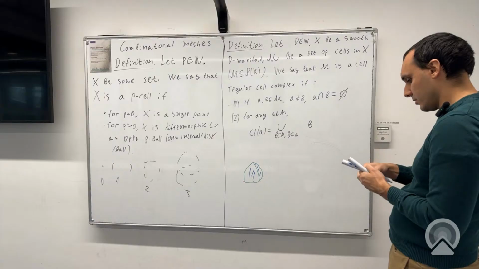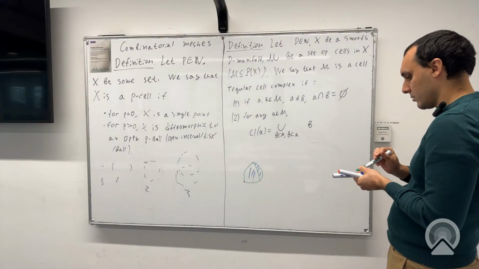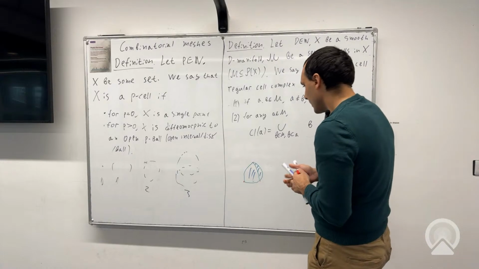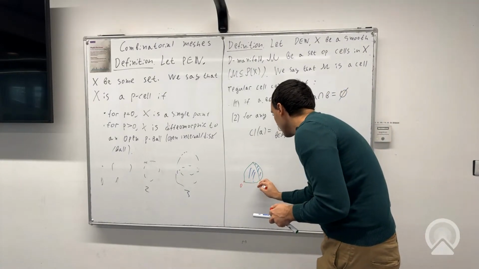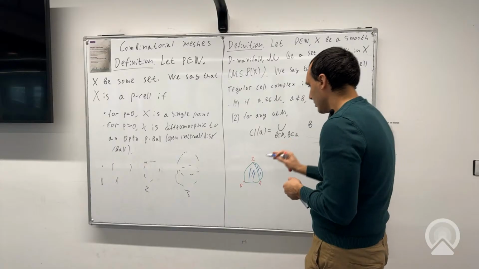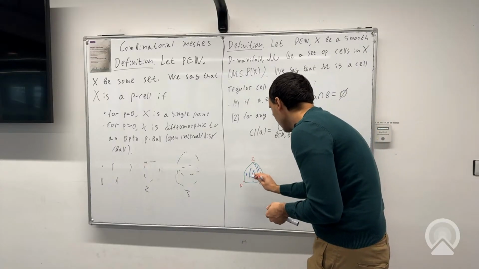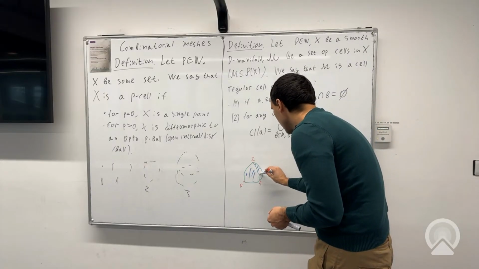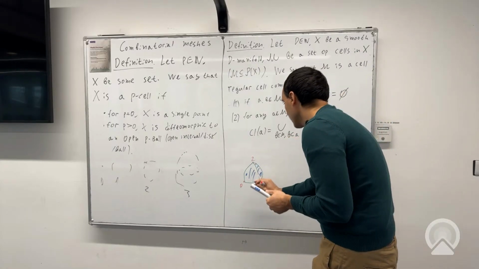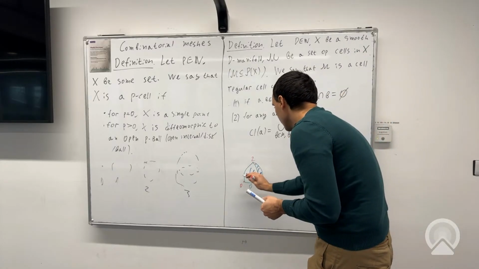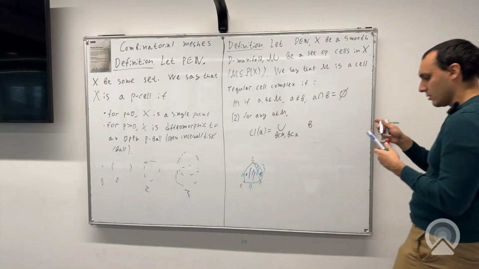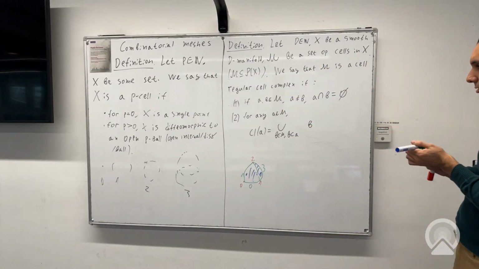Let's call this 0, 1, 2. This is 0. This is 1. And we have 0, 1, 2, 3. So this is some curved mesh.